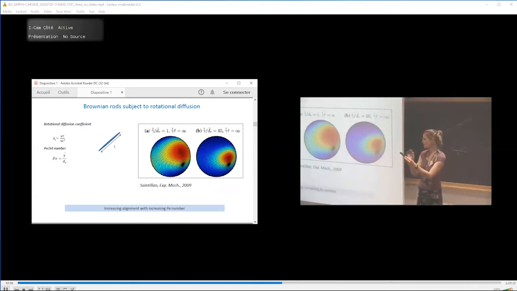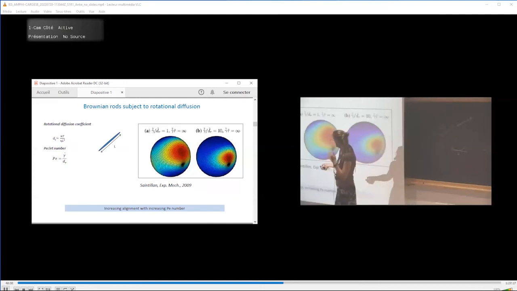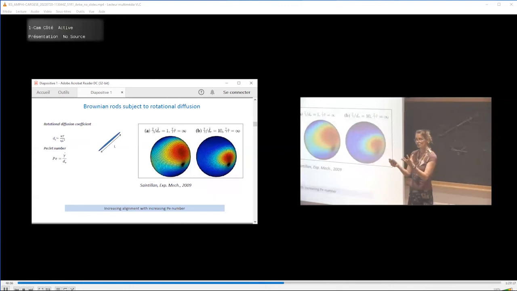If I have a tiny Brownian rod and I do nothing to the rod, it will have random orientations and it will change between these random orientations. And this is given by something called the rotational diffusion coefficient. And then I can construct a Péclet number which will describe the interaction between the flow and the Brownian noise. Because the Brownian noise will try to have the orientations of the fiber equally distributed.